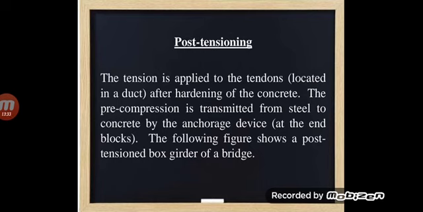Then we will apply anchorage forces at the ends of the pre-stressing tendons. After applying, we will release the tendons. In the same way it will try to shrink, but there is no more space to shrink, so it will create a compressive stress within the concrete element.